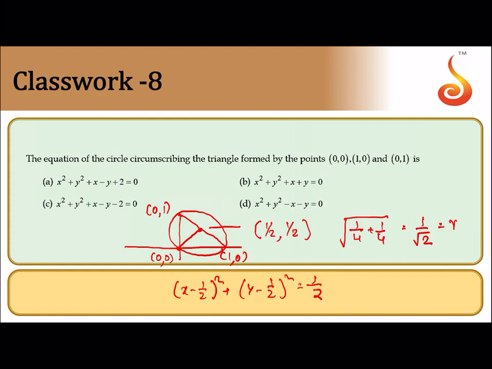So 1 by 4 plus 1 by 4 will give you 1 by 2. So straight away the answer will be x square plus y square minus x minus y is equal to 0. So option D is correct. So please always remember, whenever a right angle triangle is there and the circle is circumscribed, then the center will be the midpoint of the hypotenuse. This is problem number 8.